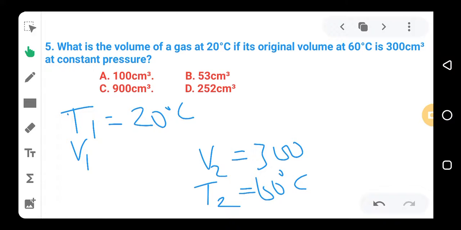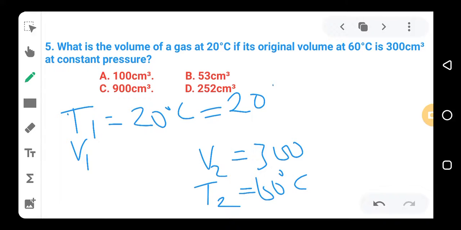Now we must convert our temperature to Kelvin. The 20 degrees centigrade that is given to us, we have to convert it to Kelvin if we are solving anything in gas law. We add 273 to the temperature that is given to us in Celsius.